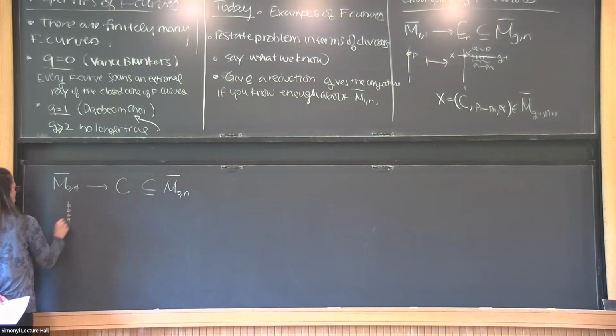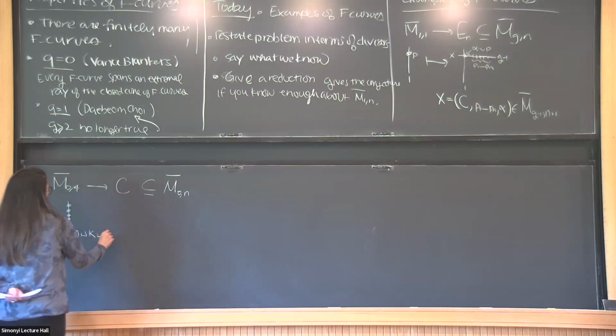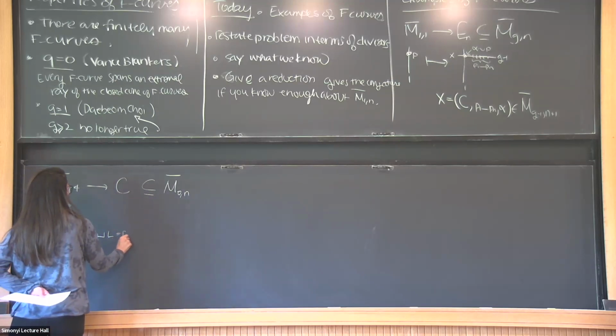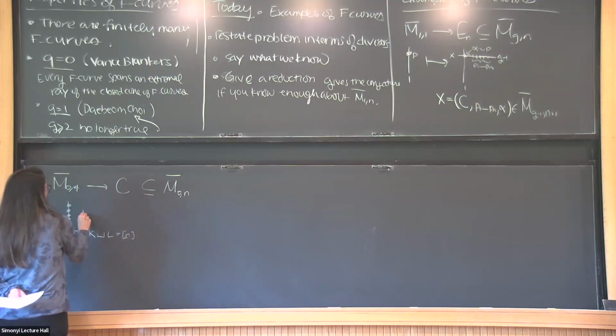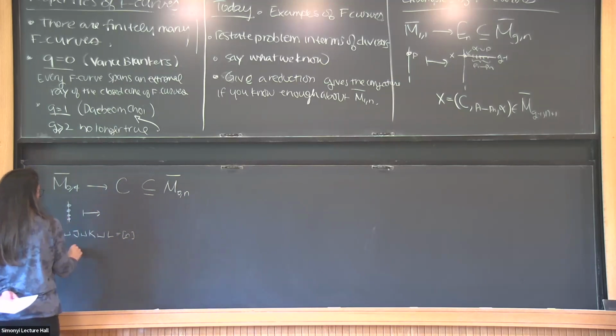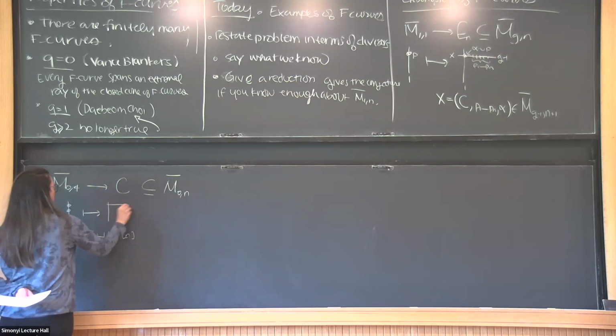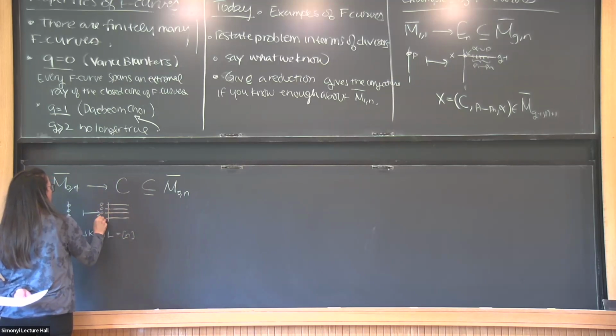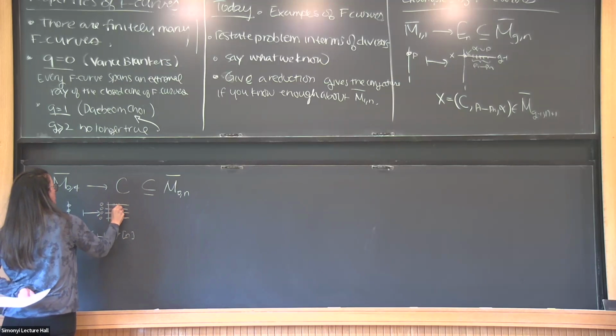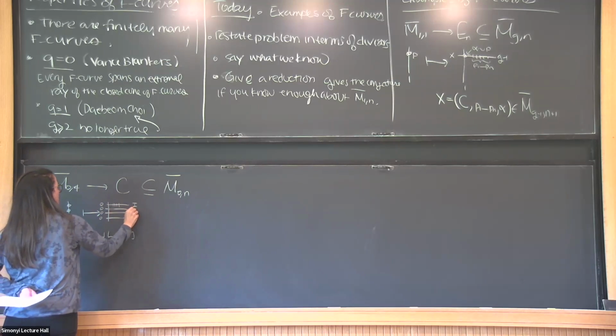These come from taking a partition I union J union K union L equal to N. What we're going to do is attach genus 0 curves where we put marked points indexed by those partitions.